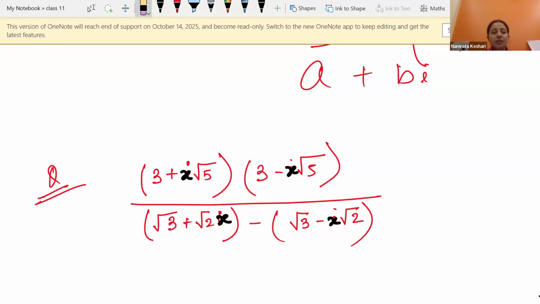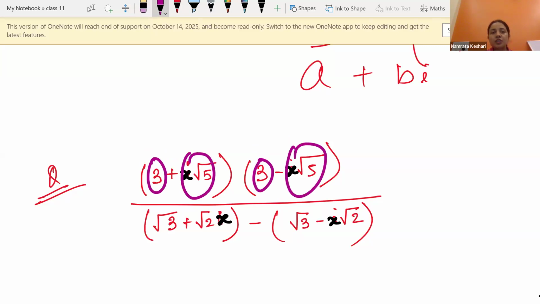The numerator, are you feeling that it just looks like a formula, x plus y and x minus y? Same x, same y. One is addition, another subtraction. Can you see that?